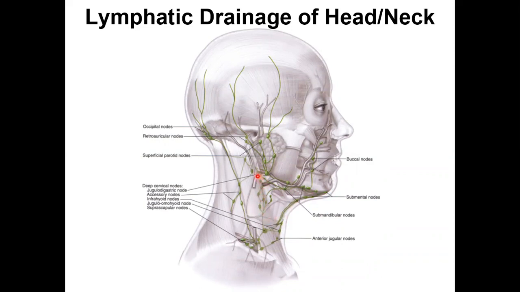And then again, your deep cervical nodes. So this picture actually gets more specific with your deep cervical nodes, not just upper and lower, but you have a jugulo-digastric, you have accessory nodes, your infrahyoid nodes, your jugulo-omohyoid nodes, and then your suprascapular nodes.